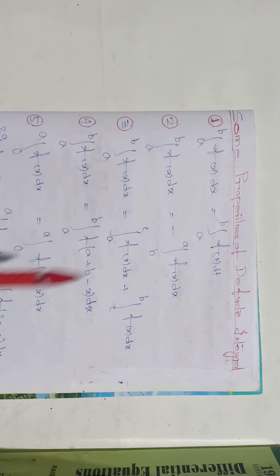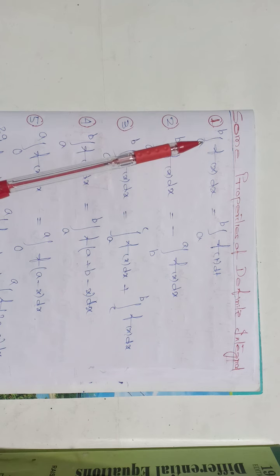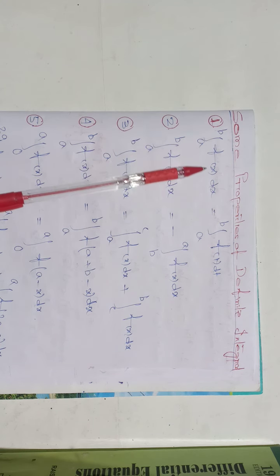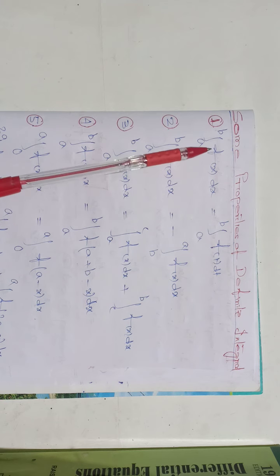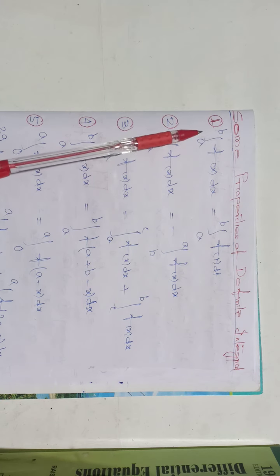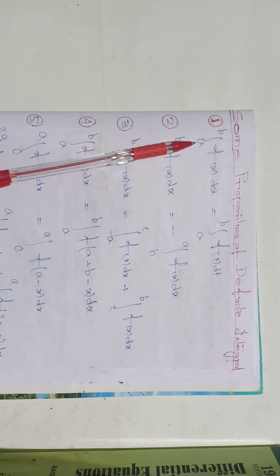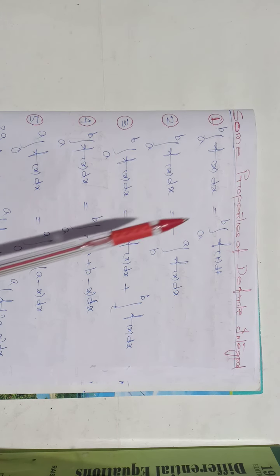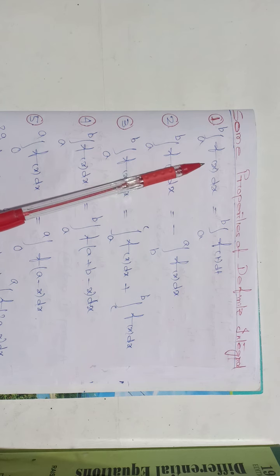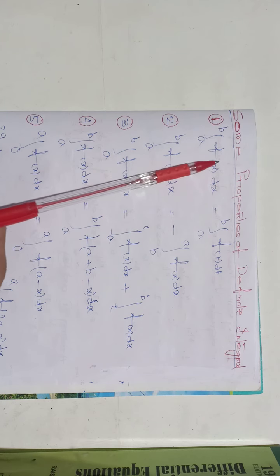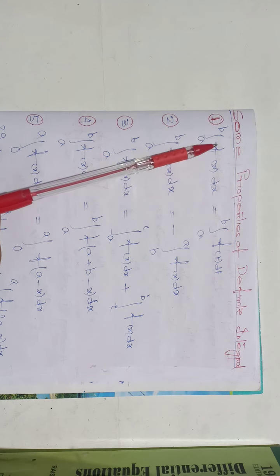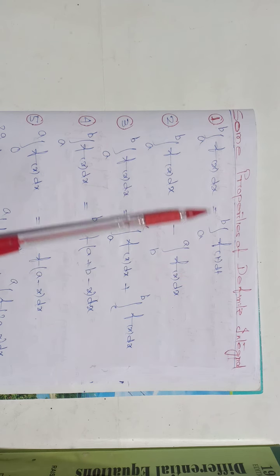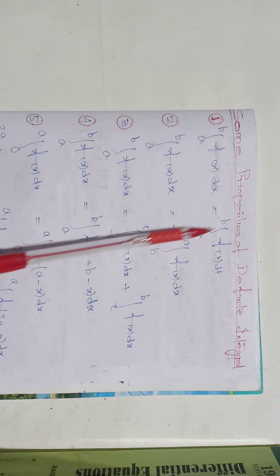So students, the first property is the integration of f(x) dx from a to b, where the lower limit is a and the upper limit is b. Now we can simply change the variable: we can write f(t) dt and the limits will be a to b.